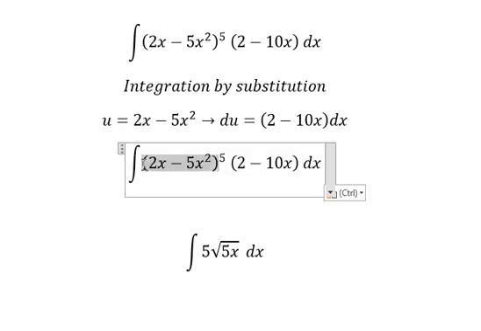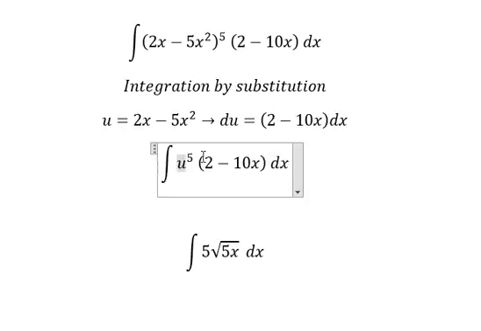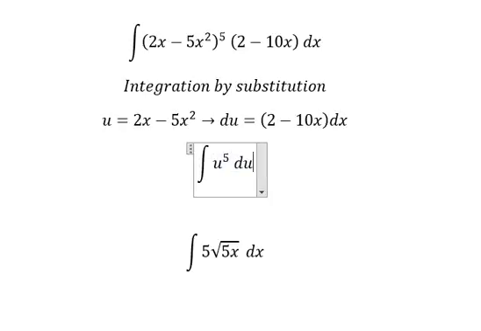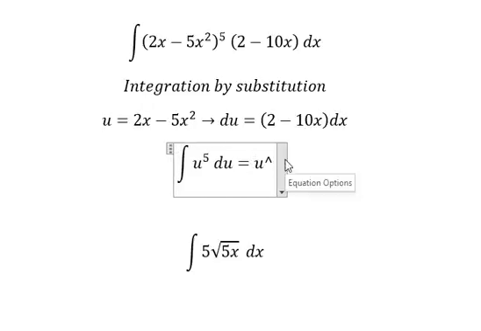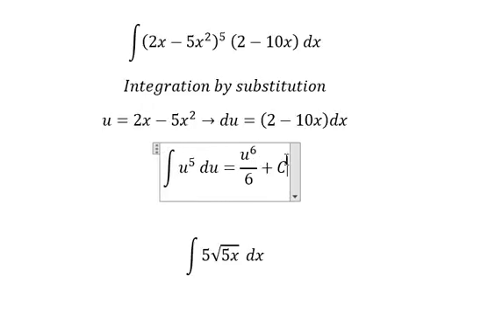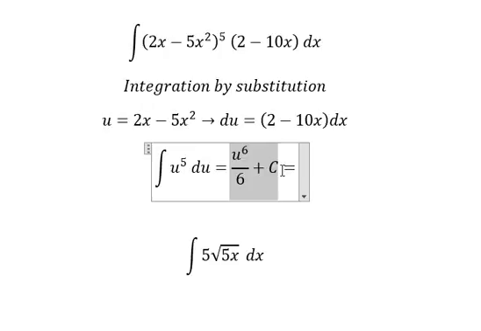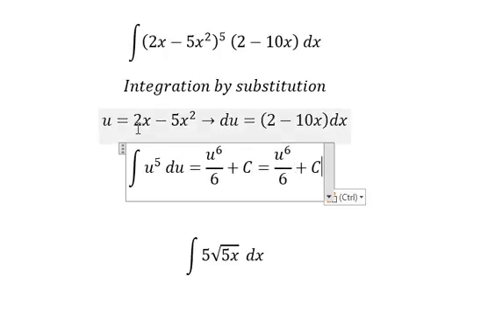This one we change to u, and this one we change to du. And we have u to the power of 6 over 6, plus c, with u being this one.